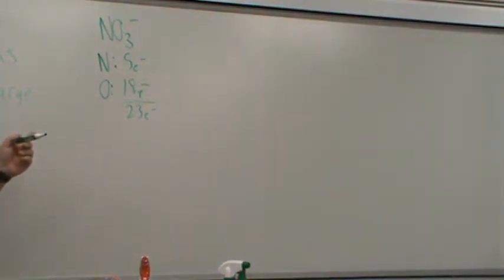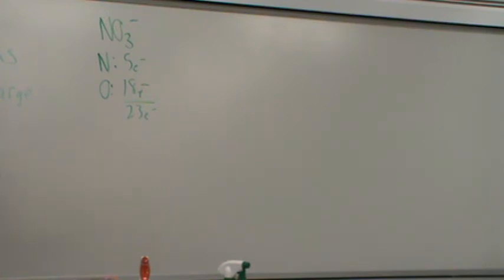Are you coming up with 23? And if you remember when we talked about this on Tuesday, the number of electrons needs to be an even number. Okay, so with polyatomic ions, we have a charge, right? That charge tells us whether we need to add in more electrons or take away some electrons. So it has a -1 charge.